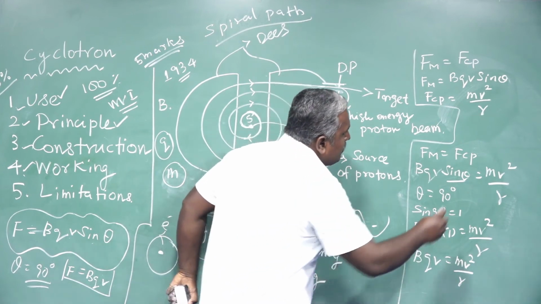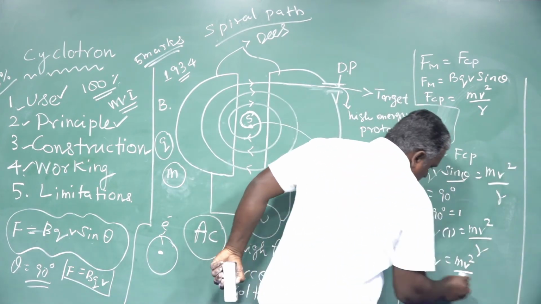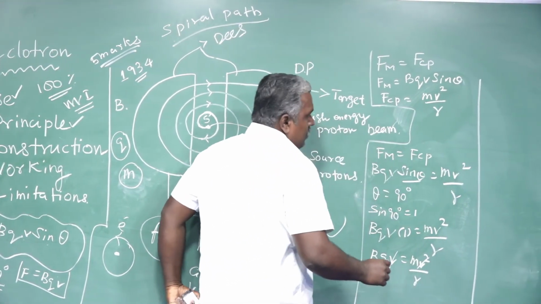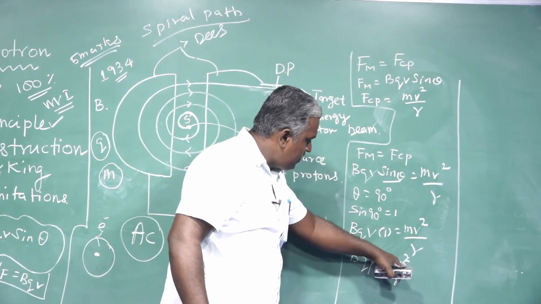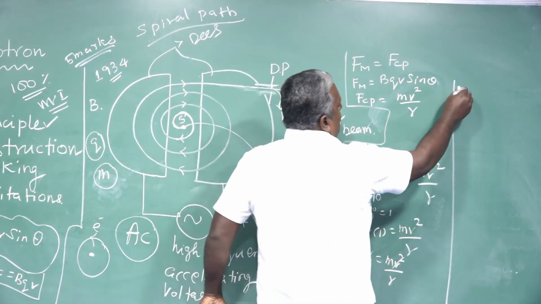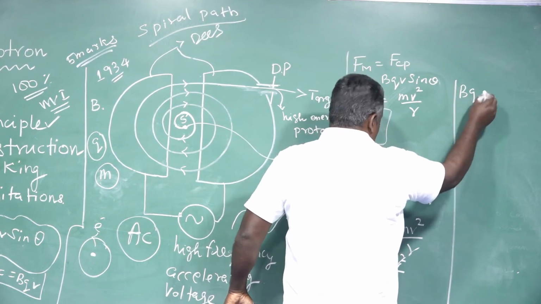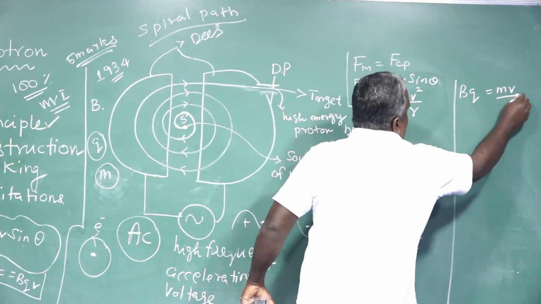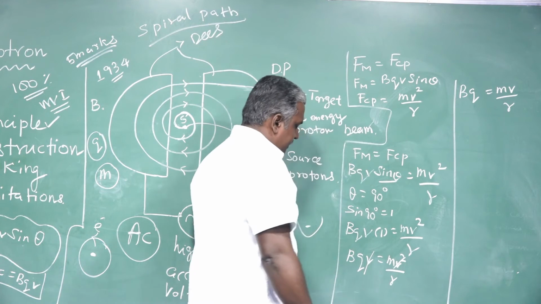Therefore, V cancels, no? One V cancels, so remaining BQ is equal to mv by r, small r.